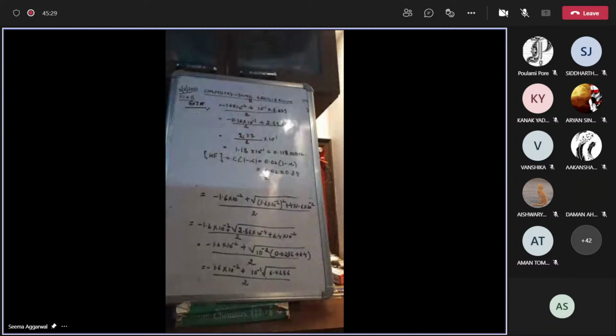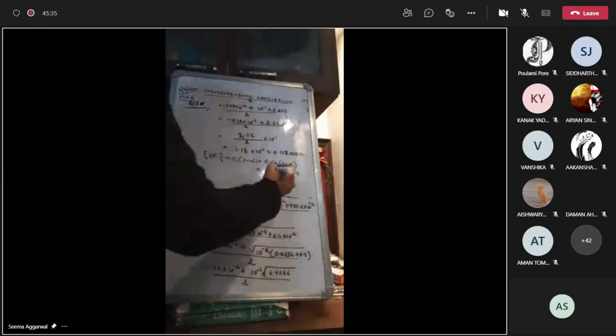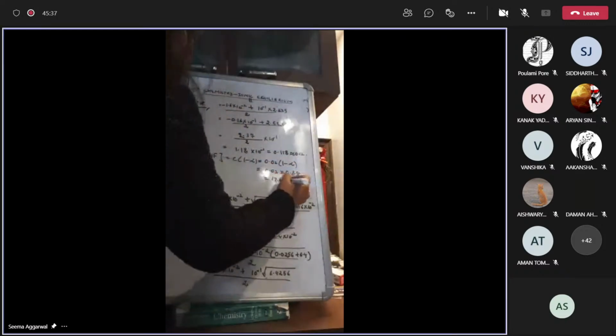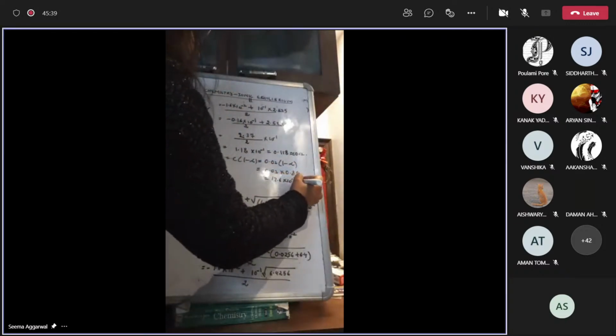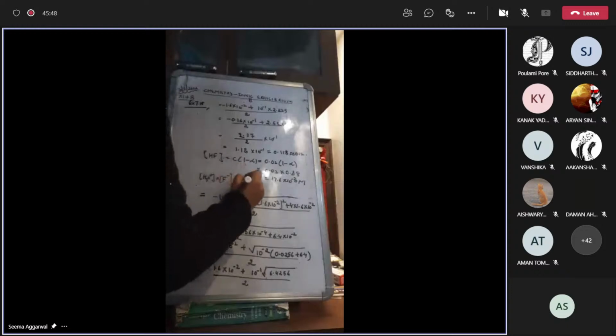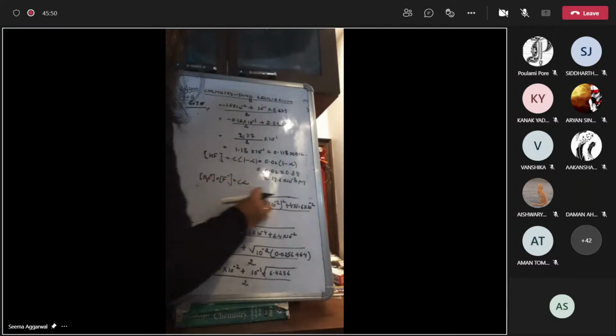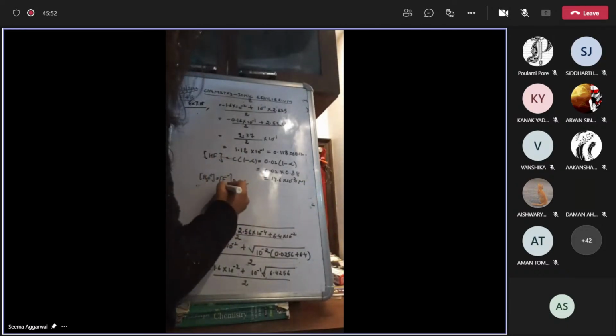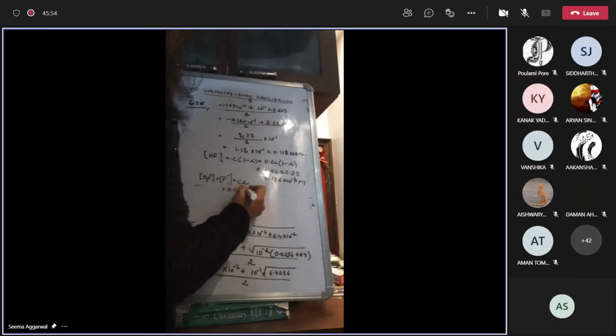So it comes out to be 17.6 into 10 to the power minus 3. So this is the concentration of HF, and the concentration of H3O plus and F minus was equal to C alpha. Okay, so I can further solve it, 0.02 into alpha.